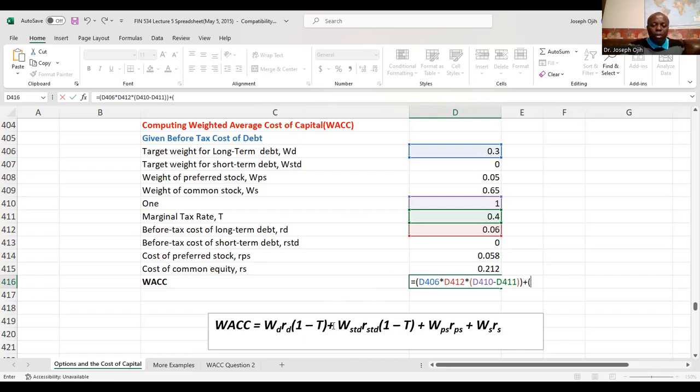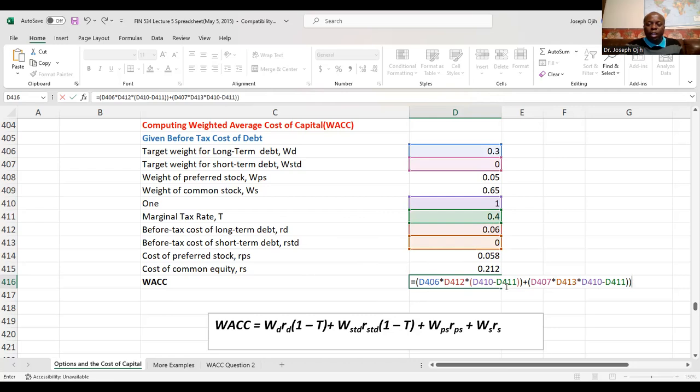Then another parenthesis, we have target weight of short-term debt. Even though we don't have it, to make it a part of the formula, we just include it, where there's 0 times the cost of short-term debt, which is RSTD, which is also 0, times 1 minus the tax rate of 40%. Close it again twice to balance it.